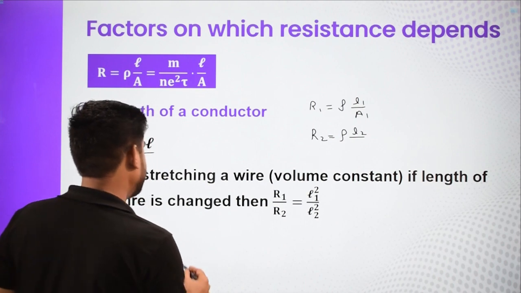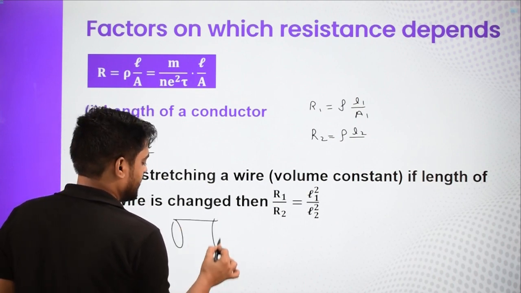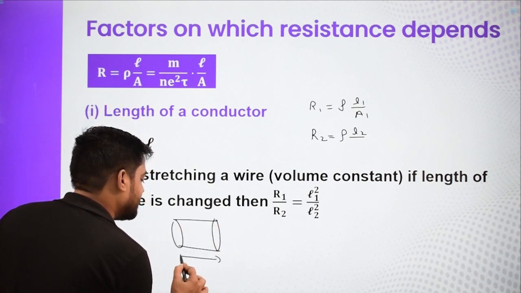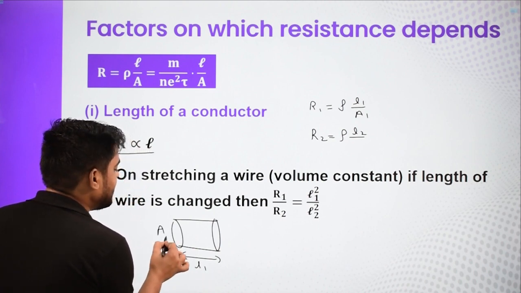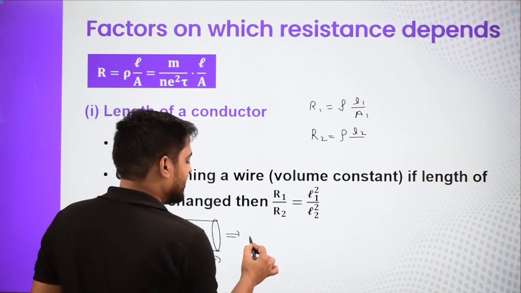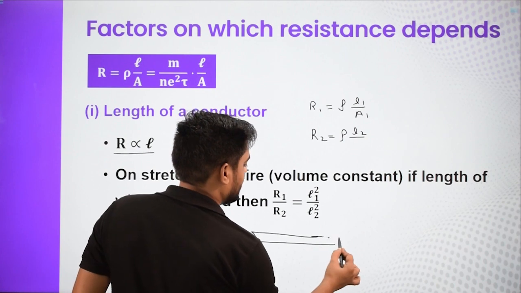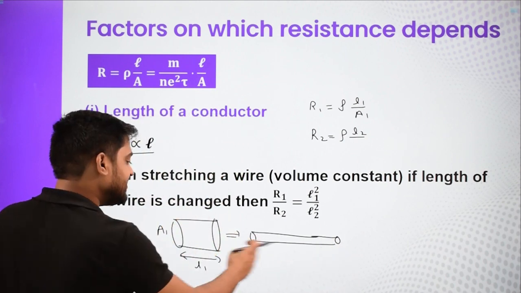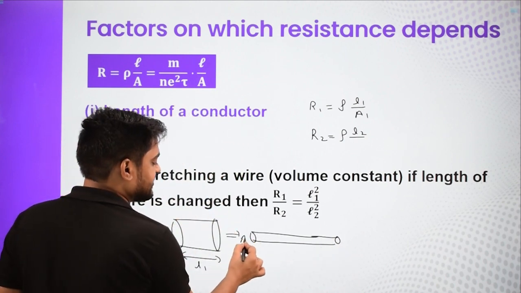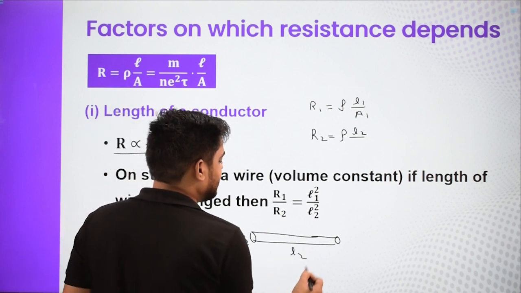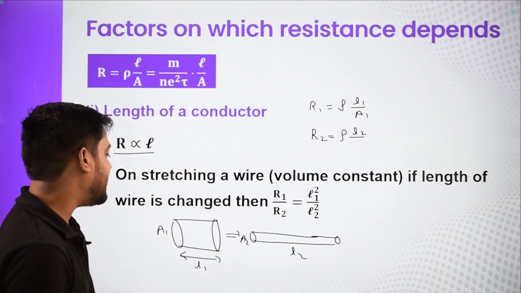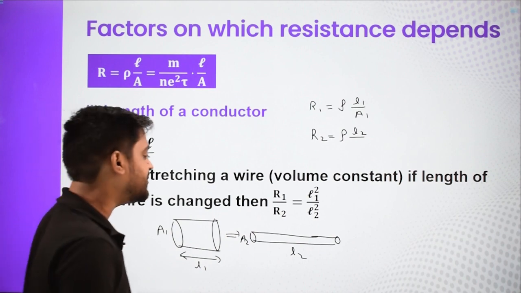When you stretch a piece of conductor that had L1 length and A1 area of cross section and make it like this, the length increases and the area of cross section decreases, right? So this is A2 and this is L2. If volume was constant, then the initial volume and final volume must be equal.